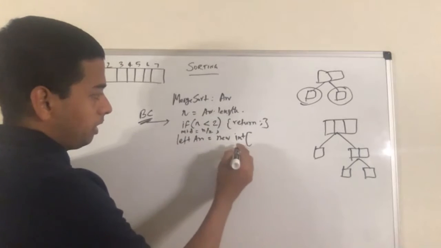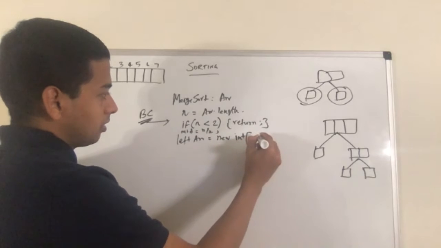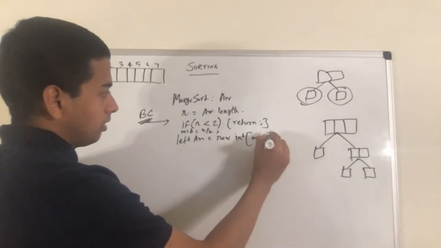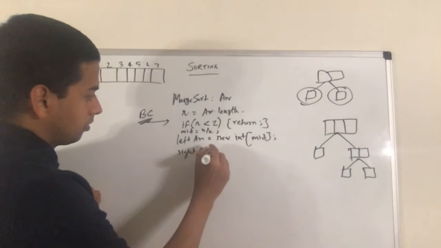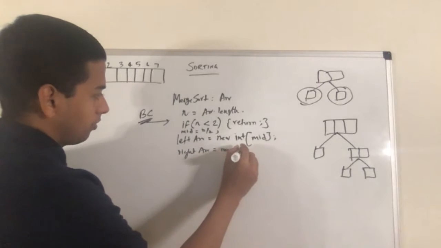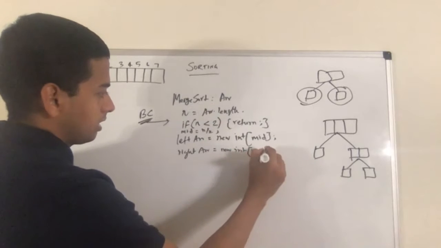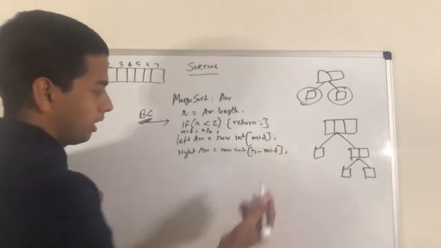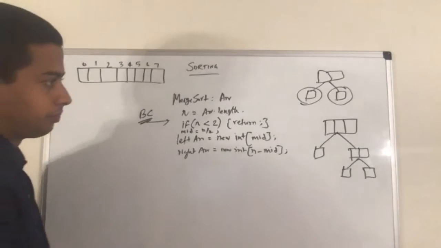So left array will be new array of int of the size mid, and right array will be of size total array length minus mid. Okay, total length minus mid. So that will be my right array size.